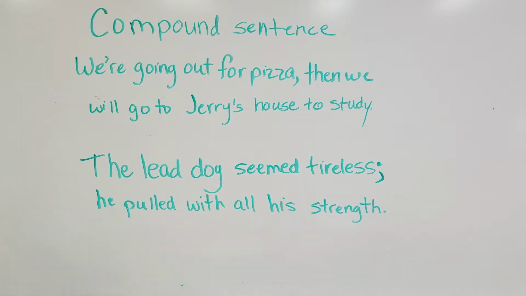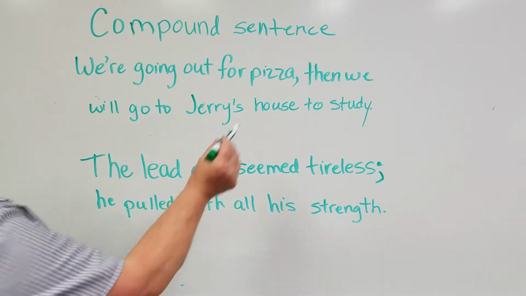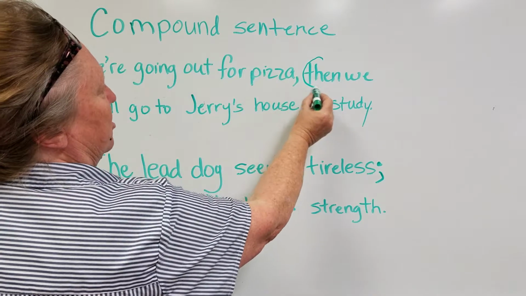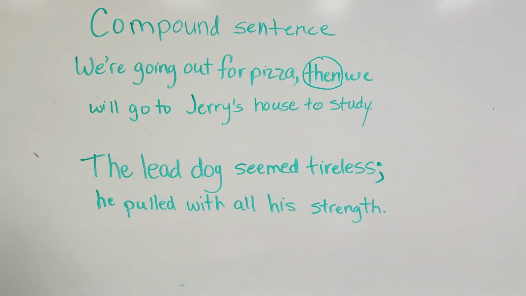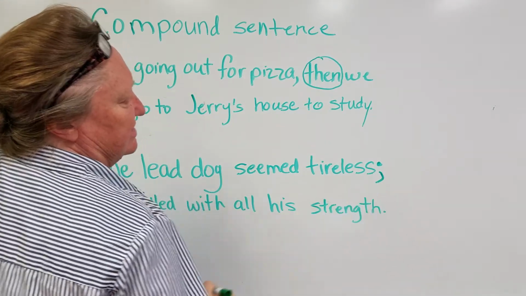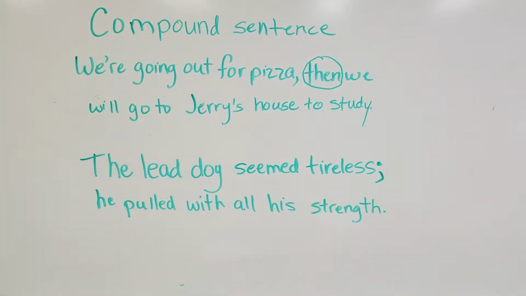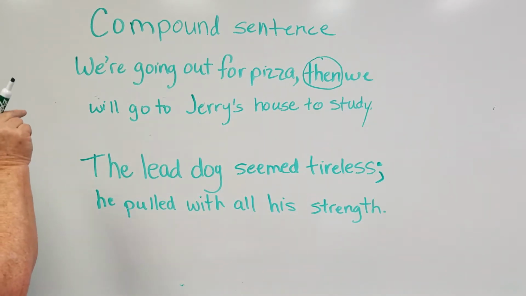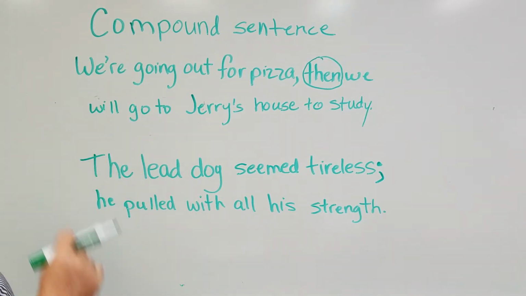You can have them connected in two different ways. You can have a comma and a connecting word, as then is acting here, or you can connect them with a semicolon. Both of these are compound sentences because they are two simple sentences put together with some kind of connection.